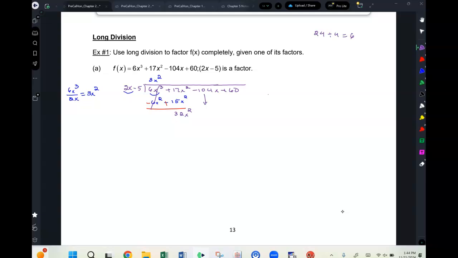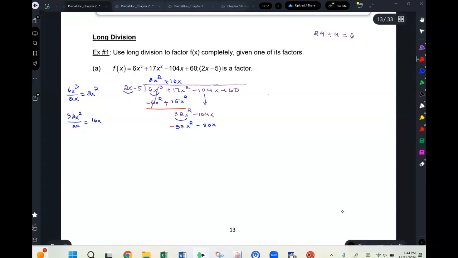The negative 104 comes down, and the algorithm starts again. 32x squared over 2x gives me 16x. So positive 16x, what do I get when I multiply? 32x squared minus 80x.